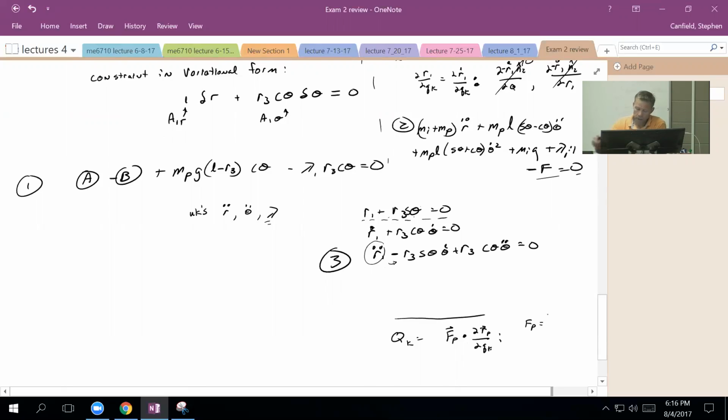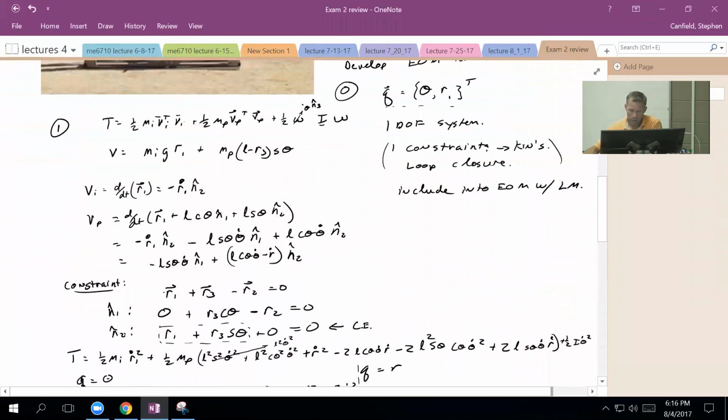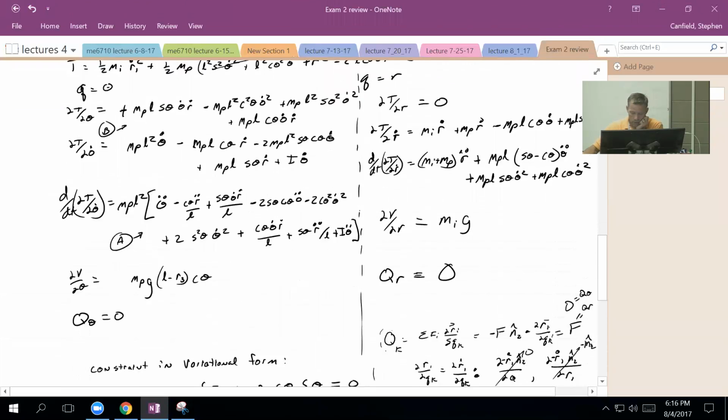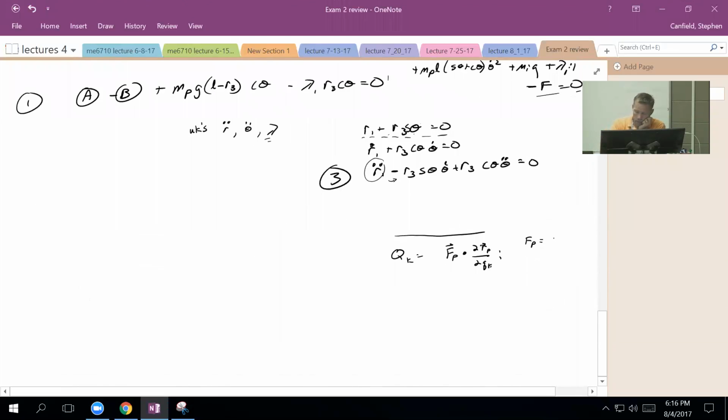F sub P is always in this direction, perpendicular to that rod. This direction is theta. This direction is theta minus 90. So the FP vector is cosine of theta minus 90, cosine theta cosine 90 plus sine theta sine 90.